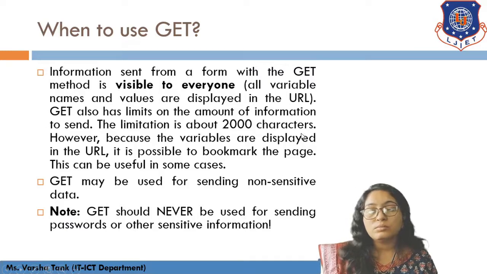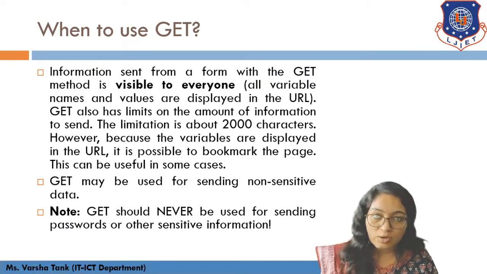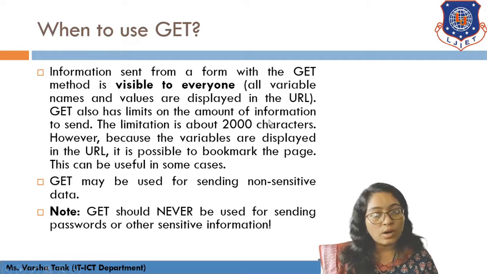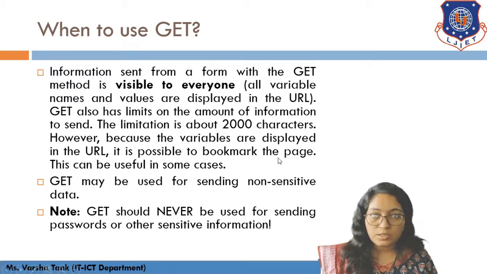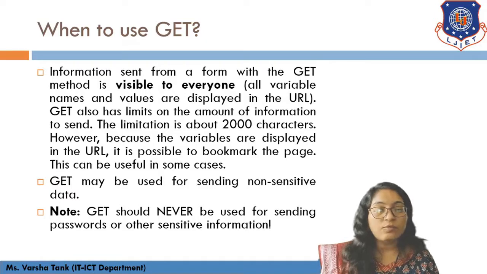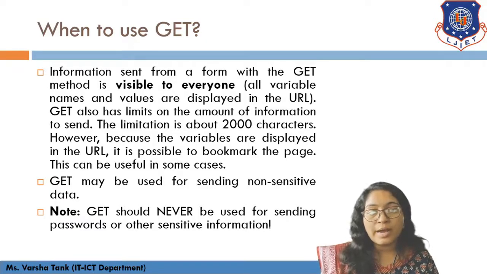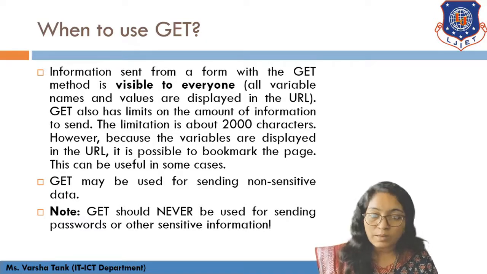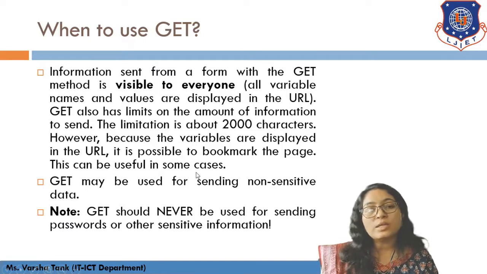So we can use the get method for a limited amount of data only, and again get is not secure. However, because the variables are displayed in the URL, it is possible to bookmark the page. So whenever we want to bookmark the page, at that time we have to use the get method. If get is not used, then you cannot bookmark the page. This can be useful in some cases.